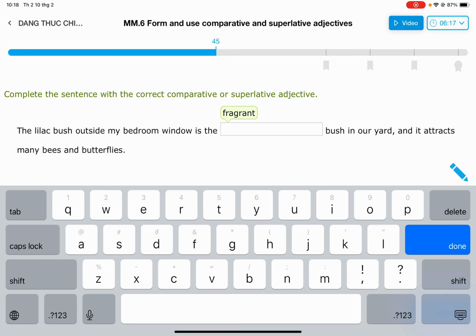Okay, the lilac bush outside my bedroom window is... it has the word the, so it is definitely a superlative adjective. So fragrant is the most fragrant. Two syllable, so we add most.